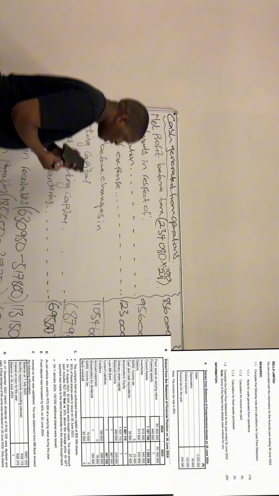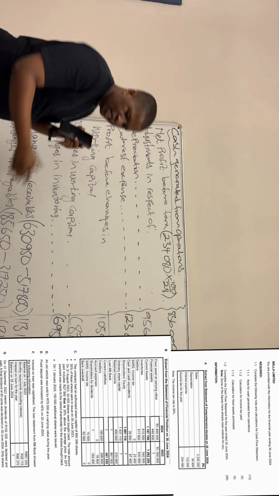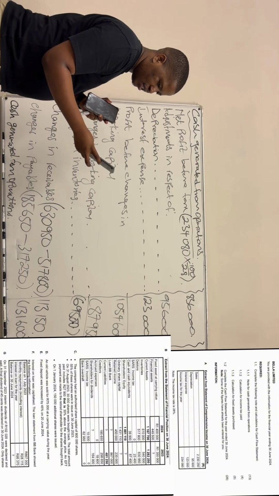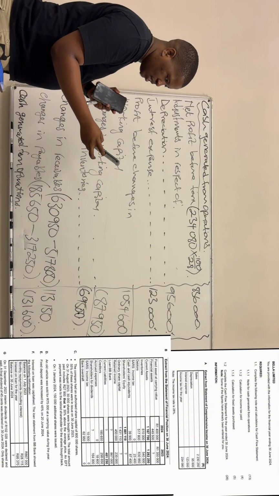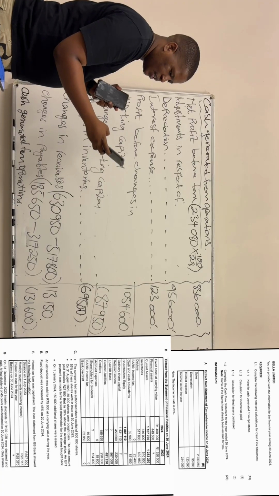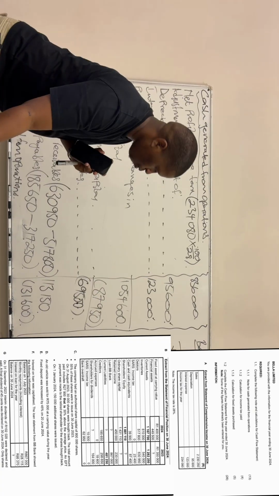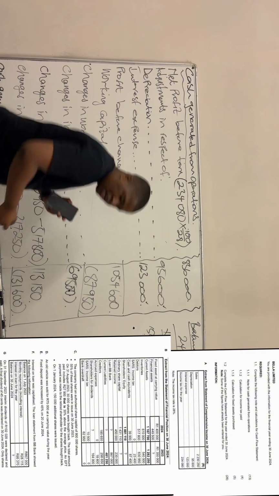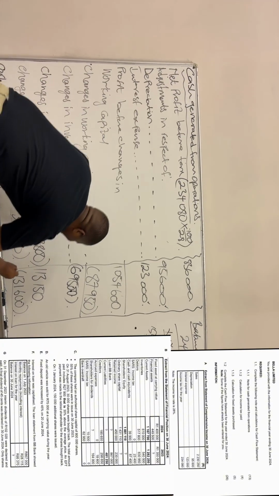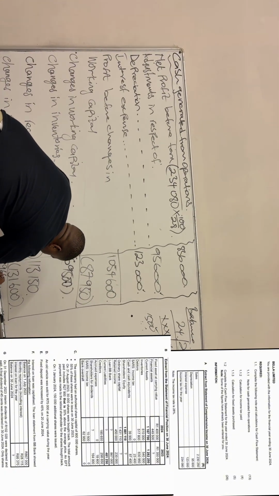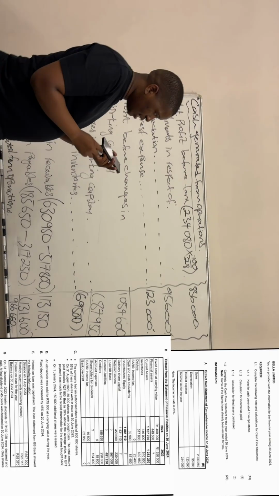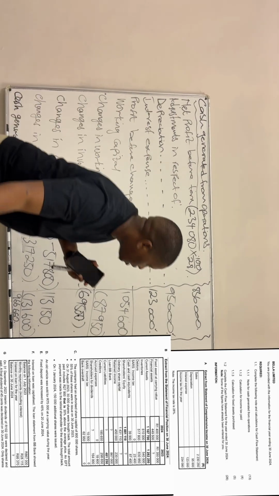Now to get the final answer, which is your cash generated from operations, you say 1,054,600 minus 87,950. Your cash generated from operations, I just hope this is going to be visible enough, you have 966,650.